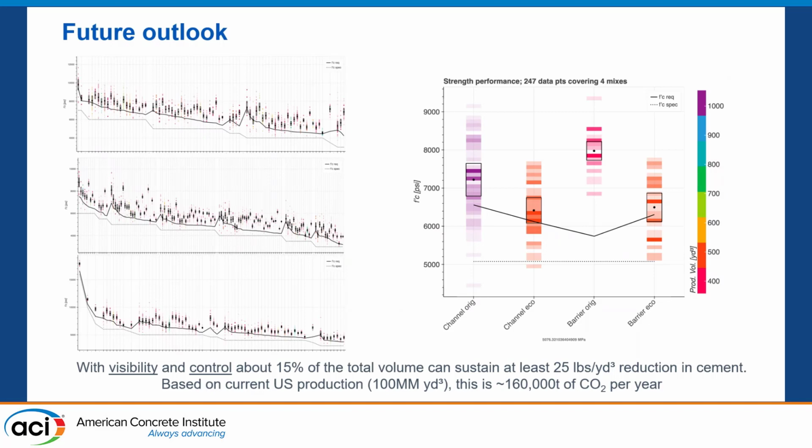So I just want to wrap up with this future outlook. There's a lot of opportunity with visibility and control. Just our base numbers: about 15% of your total volume can take out at least 25 pounds of cement. This is not waiting for certain things.